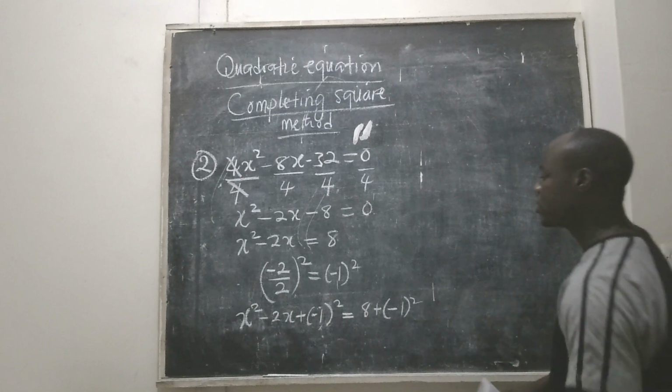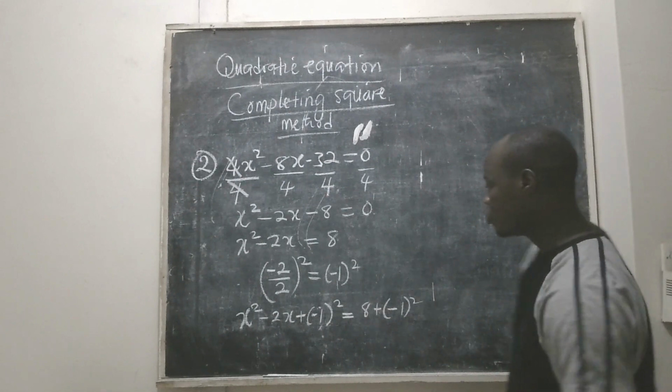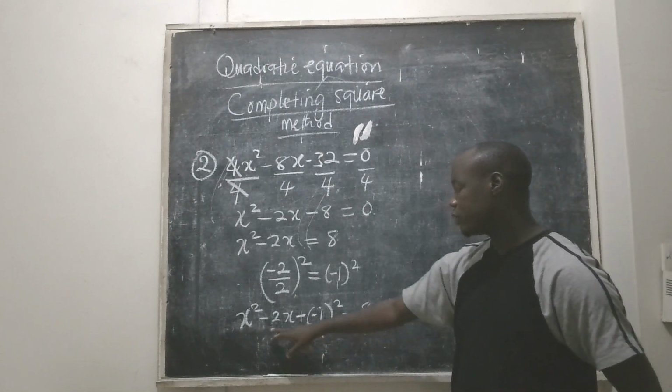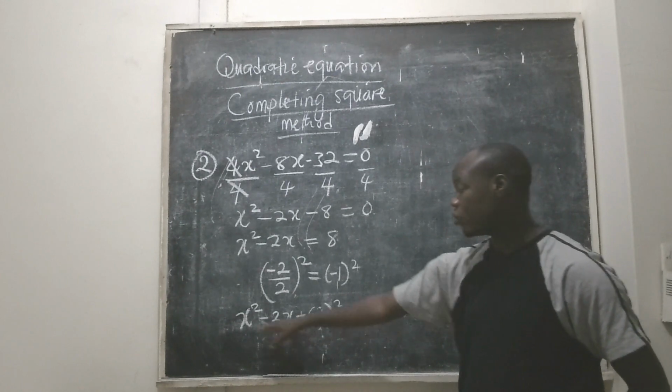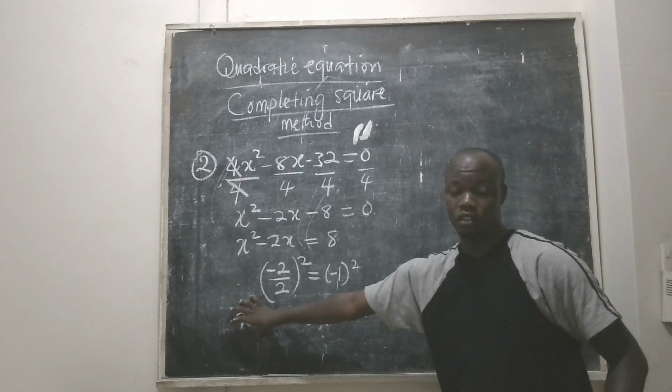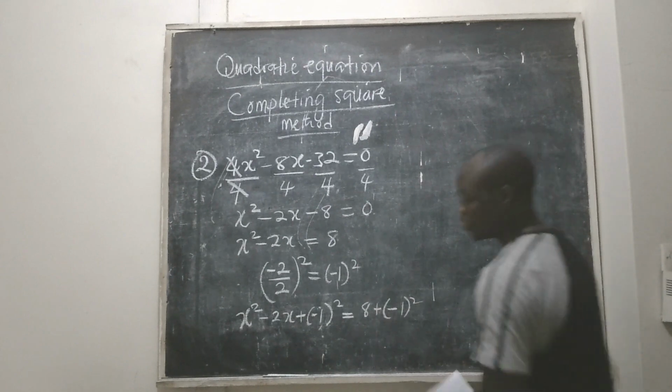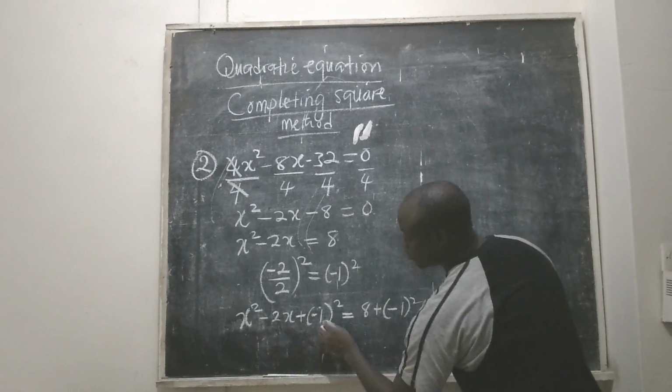So we have this. The next thing we are going to do is ignore the minus 2 and use this one's square. So we take this x and minus 1.